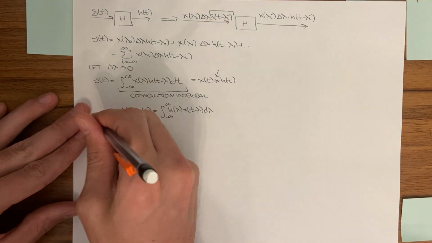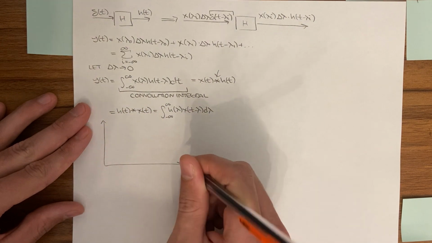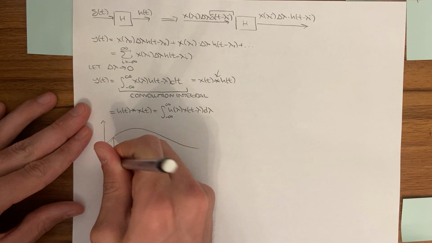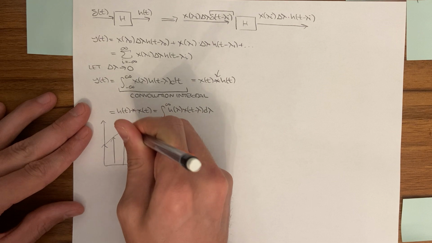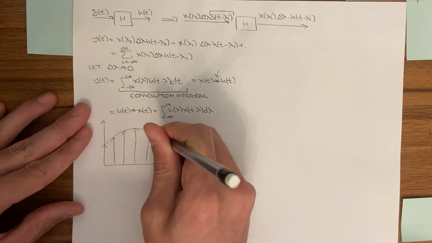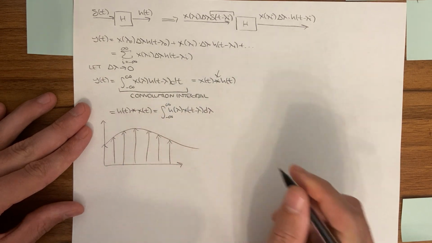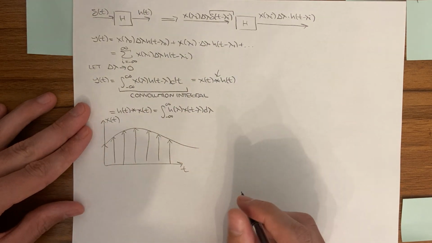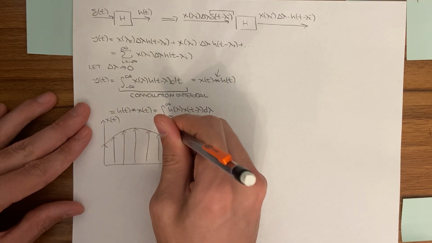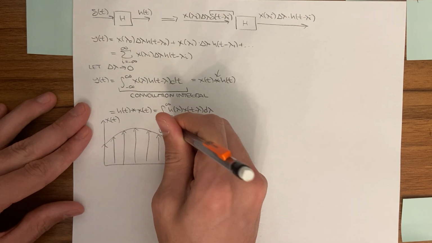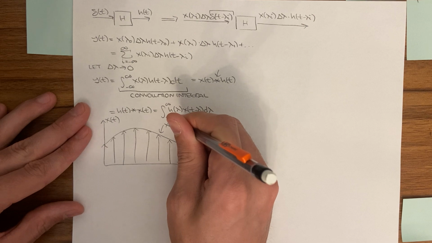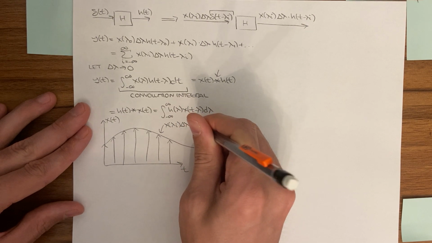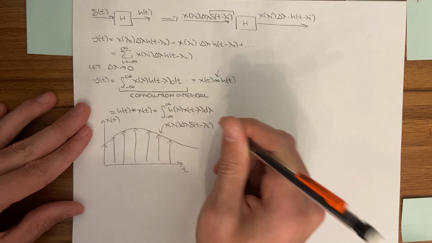So what we can say then is that there's your x of t, a bunch of shifted and separated delta functions. Again, this is x of t. And the scaling on each one of these is going to be x of lambda i delta lambda times delta of t minus lambda i.